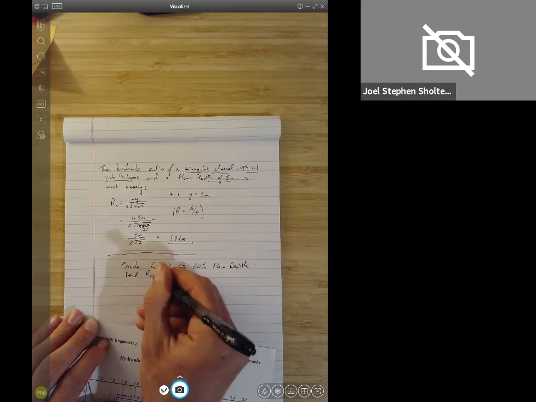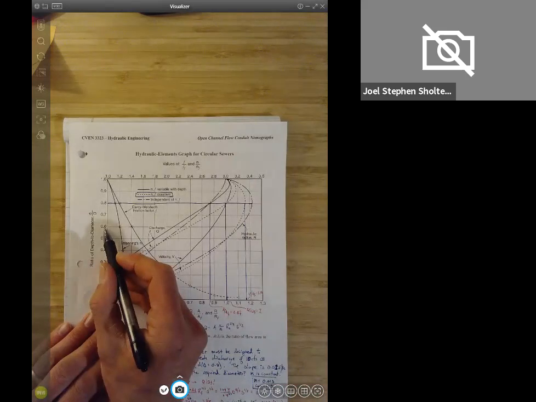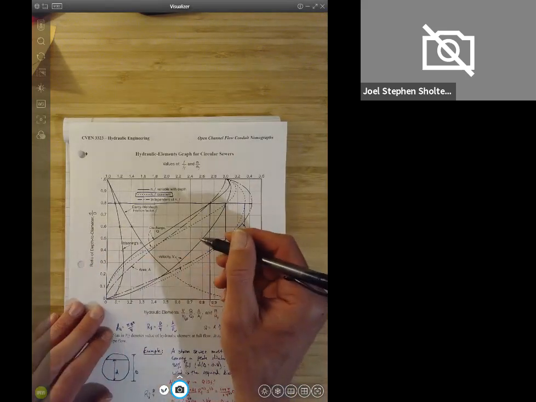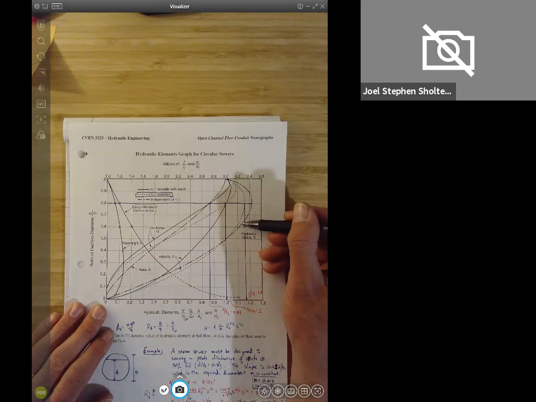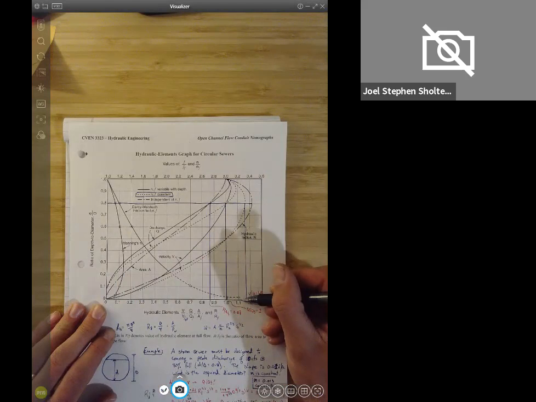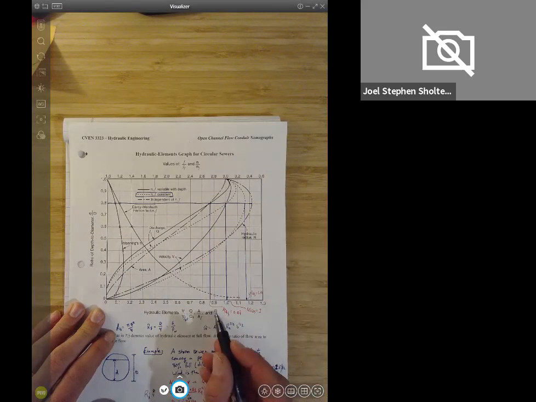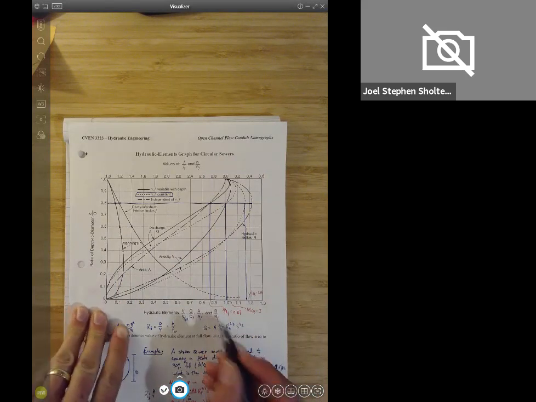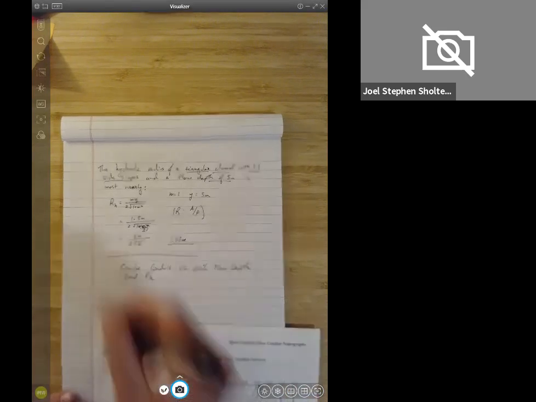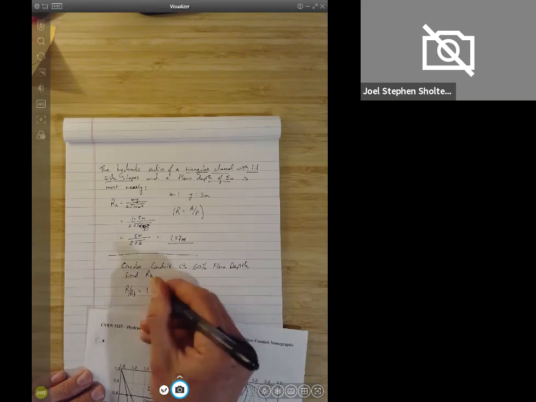Find hydraulic radius. Well, 60% flow depth, and hydraulic radius is our curve over here. So we'll go all the way out here, and then we'll come down, and it says our hydraulic radius is going to be about 1.1. 1.1 of the hydraulic radius at hydraulic radius of full. So R over RF is equal to 1.1.